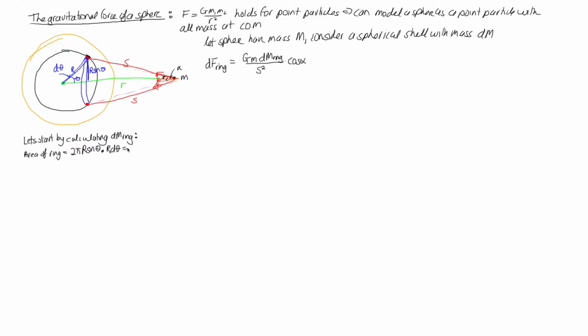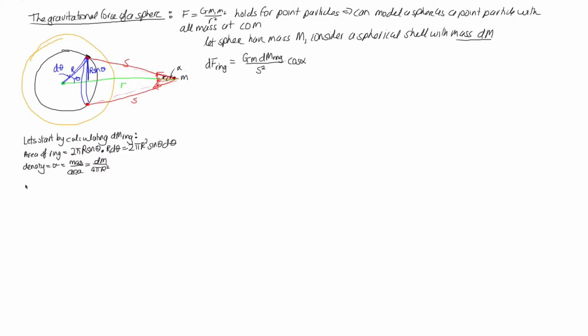So this tells us that the area of our ring is equal to 2 pi R squared sine theta d theta. And now the surface density, which is equal to the mass over the area. Now we've said that the spherical shell has mass dm, so that's dm, and the surface area of a sphere is given by 4 pi R squared.